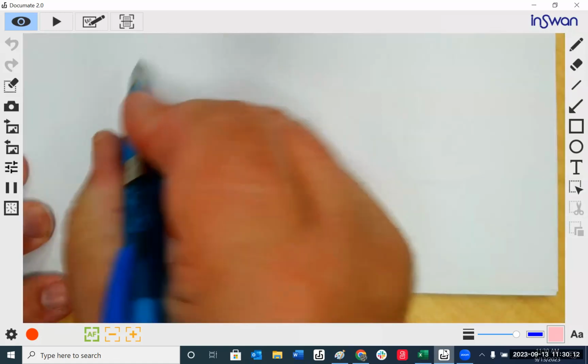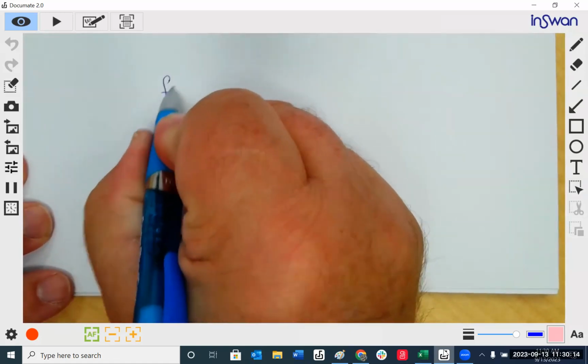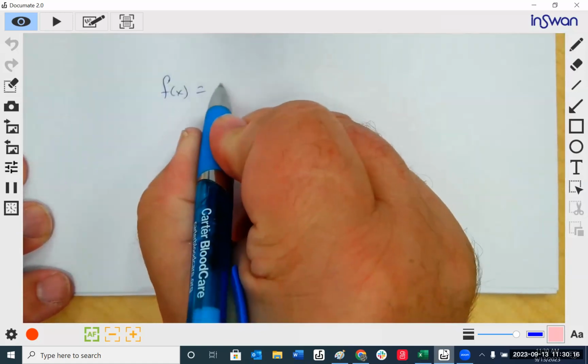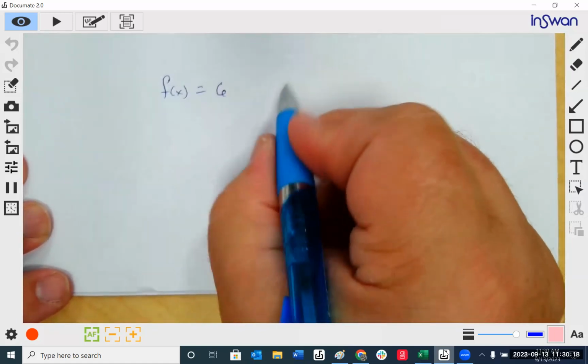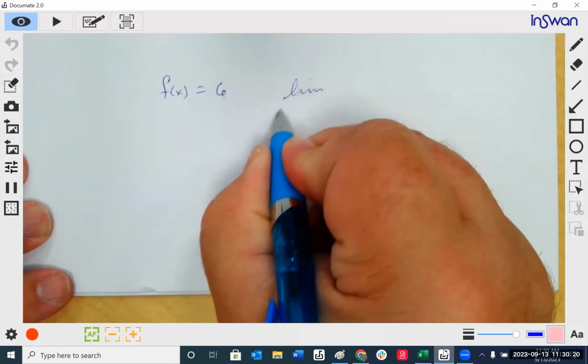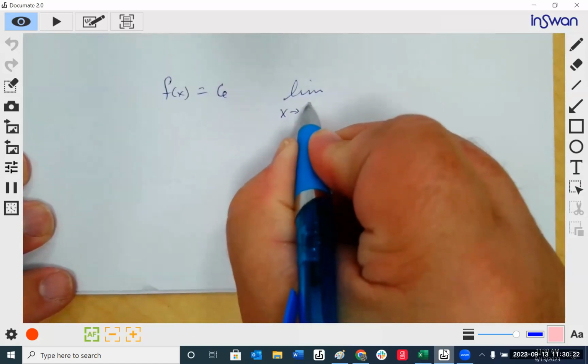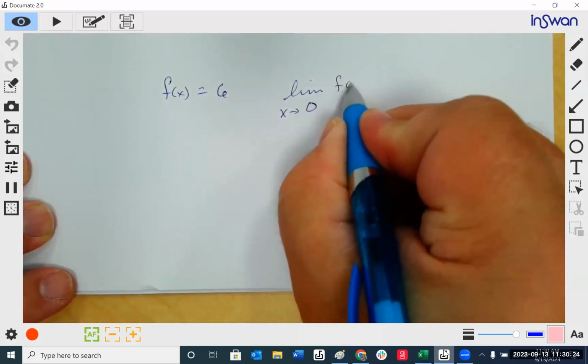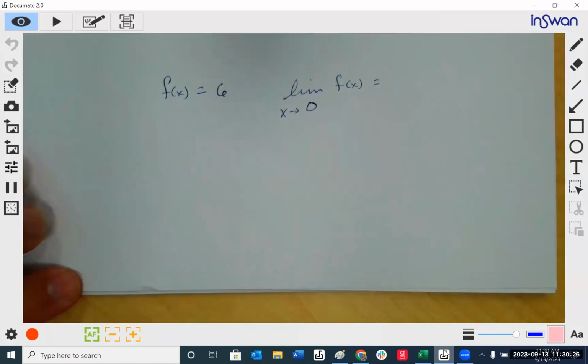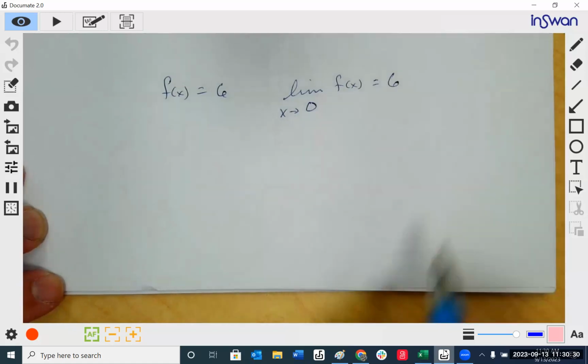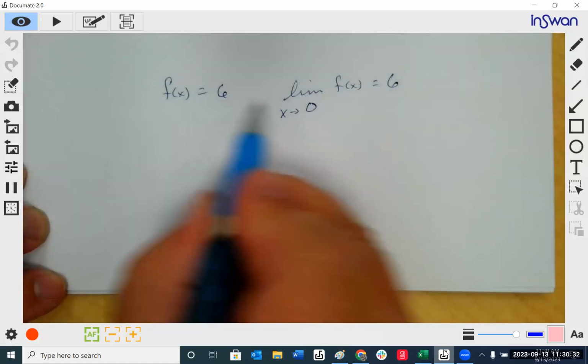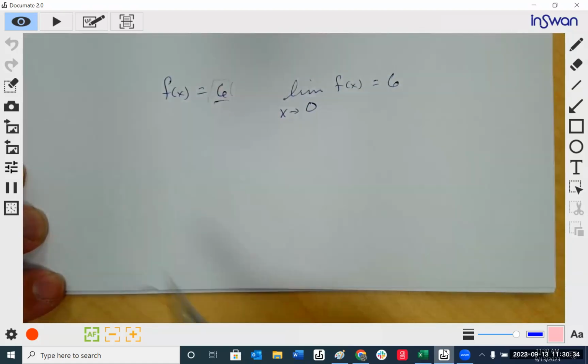So if I gave you this function, what's the limit? Yeah. Because no matter what x you give me, y is 6. It's always going to stay 6.